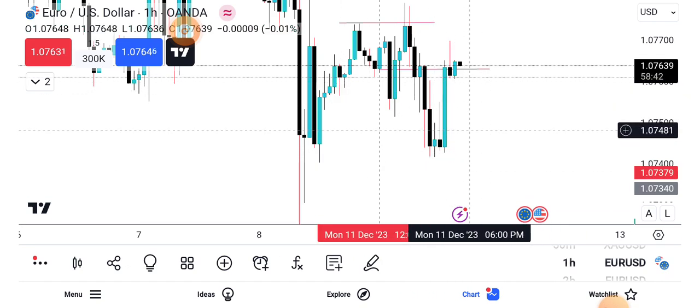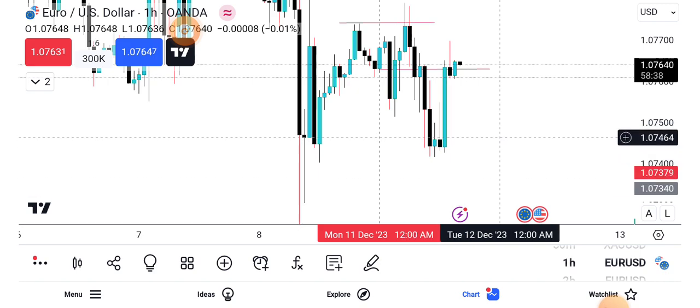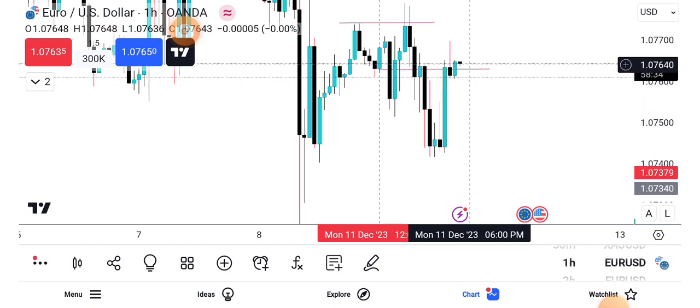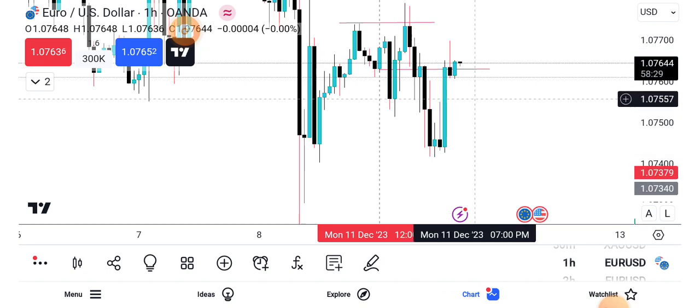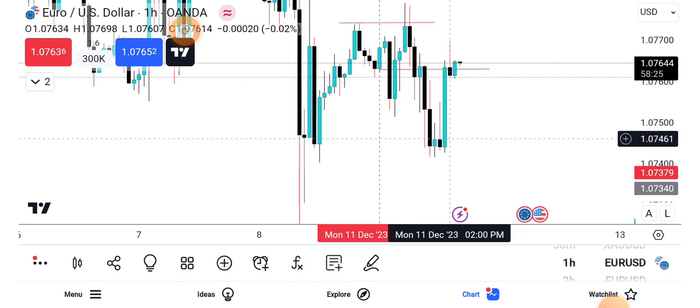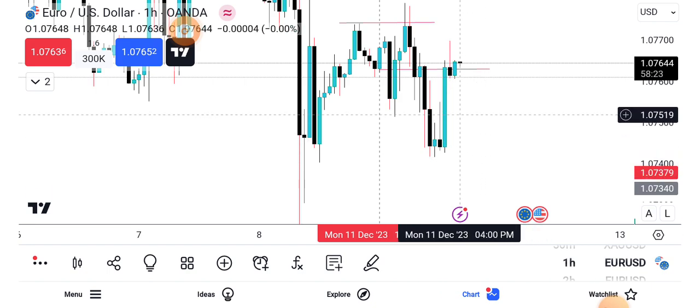That's why I did get out of this trade with a profit. But if I hadn't taken my partials, then my SL, because I could have trailed my stop loss, could have been hit. That's why we shouldn't be chasing highs and lows. I recommend a fixed risk to reward.